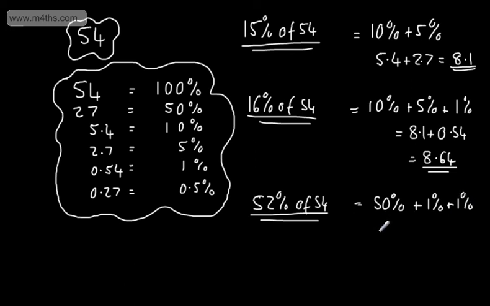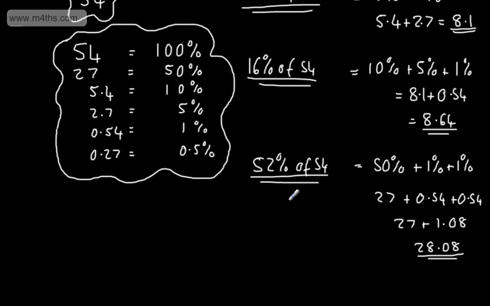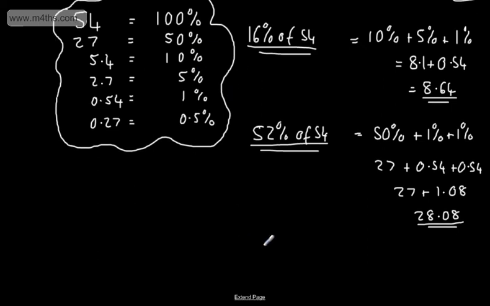So what I'm going to have then is the 27 plus now the 0.54 plus another 0.54. So we've got 27 plus 1.08. So that's going to be 28.08. And that now gives me 52% of 54. If we wanted 39%, we could do 4 lots of this one and subtract 1%. So you can see there are lots of different ways of doing it.